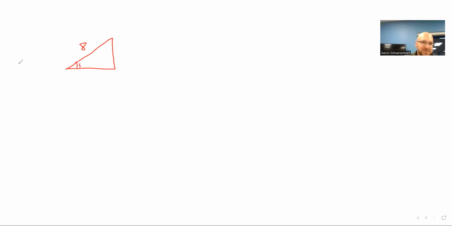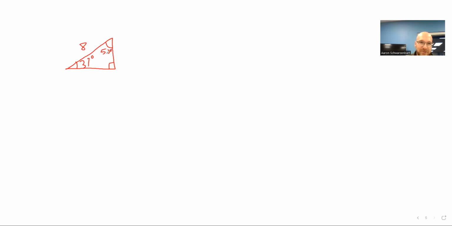I know that my 3 angles of a triangle add to 180. And I've got this one here that's 90 in the corner. So my other 2 add to 90. So I can just do 90 minus 37 to get the other angle, and that's 53.